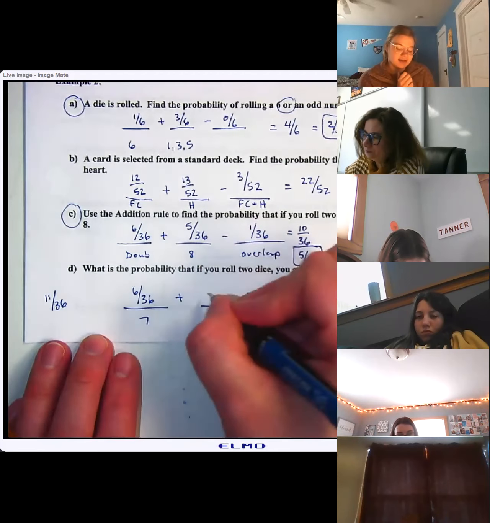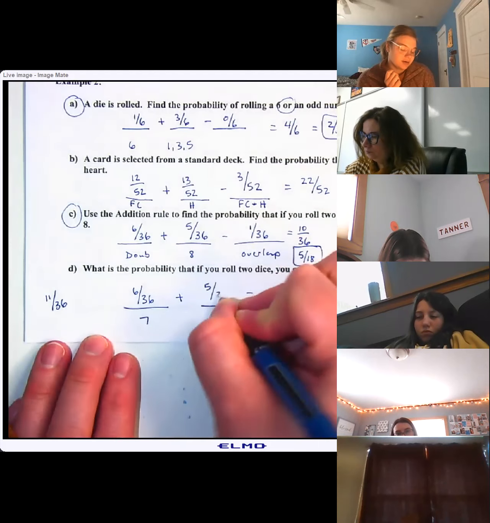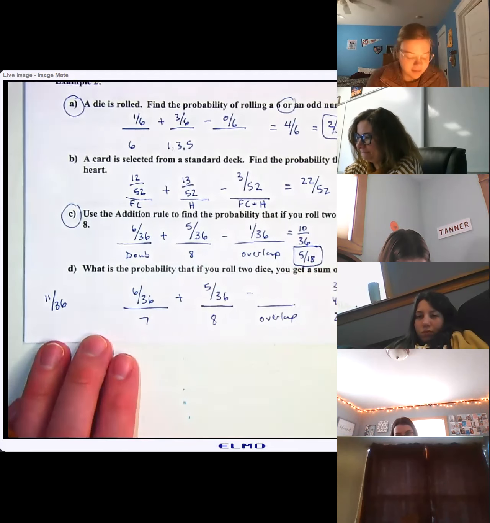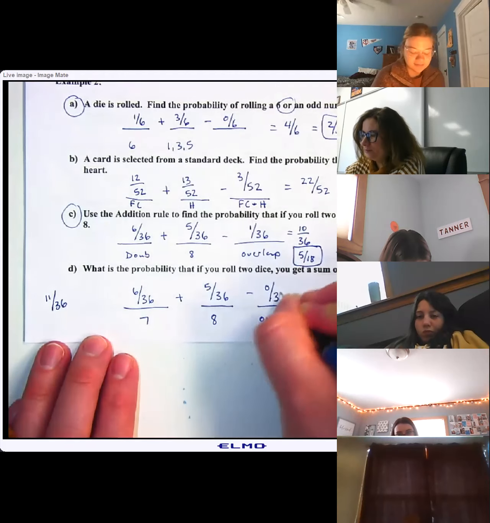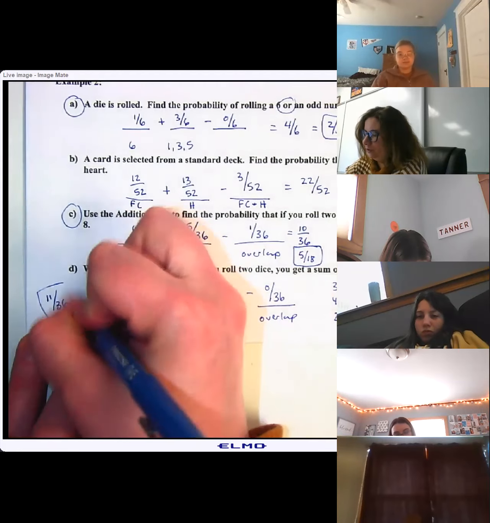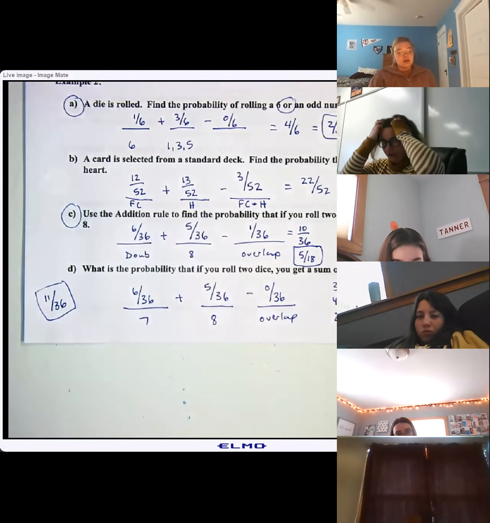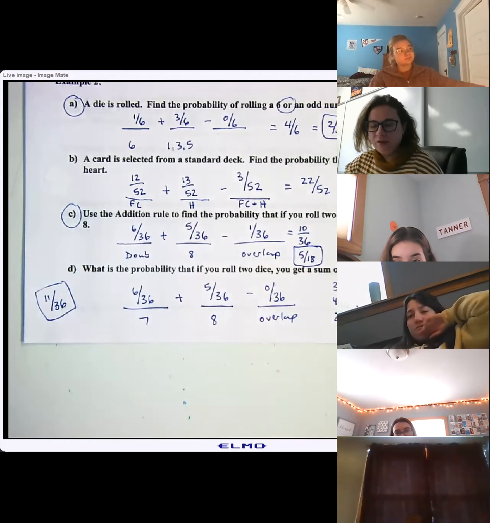So there's 2 and 6, 6 and 2, 4 and 4, 3 and 5, 5 and 3. So that's 5 out of 36. Yeah. And then there's nothing that overlaps because nothing can be the sum of 7 and the sum of 8. So you do 11 over 36. Brilliant. Nice job. No overlap there at all because it can't overlap.